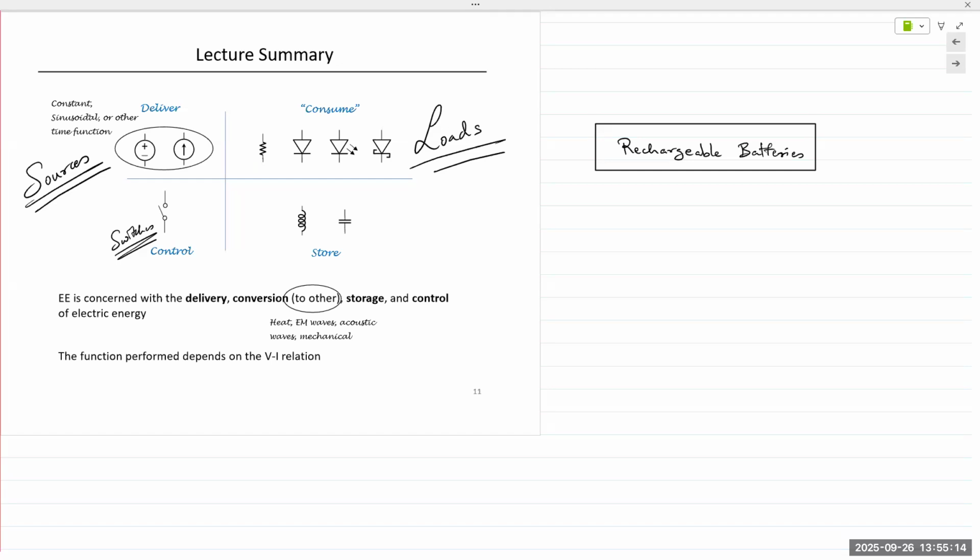So there are chemicals inside batteries, and those chemicals interact. So electrochemical reactions are taking place. And the result of those reactions is that a voltage difference appears across its two terminals.